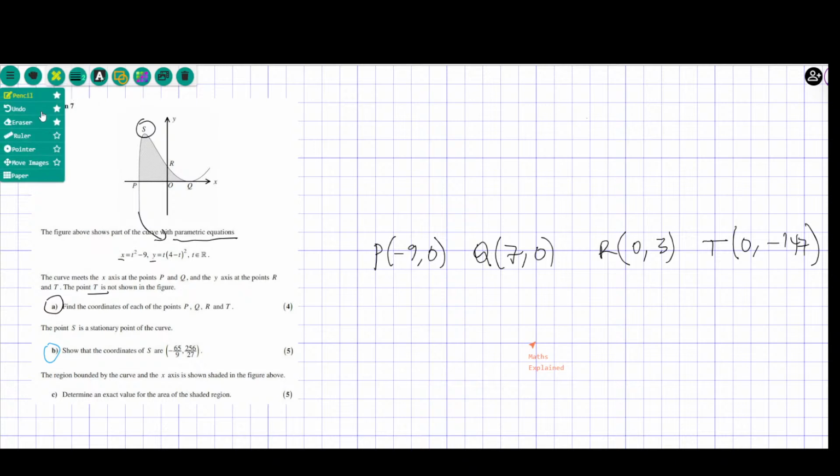S, by the looks of it, is something like this, right? If that's shown up on the feed, then that's really cool. S is what we call a stationary point. It means the gradient is 0. It's going nowhere. So that's what we first think about when we think about this, is that's what we're looking for.